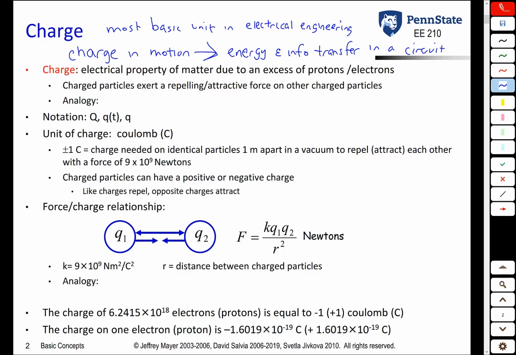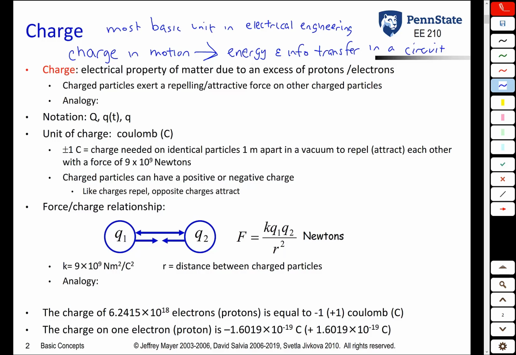But before we do that, I like to talk about a mechanical analogy. One of the things we see in electrical engineering is it is very abstract because unlike mechanical systems, you can't really see what you are working with. So I like to use a lot of mechanical analogies throughout EE210 to help us visualize what is going on.